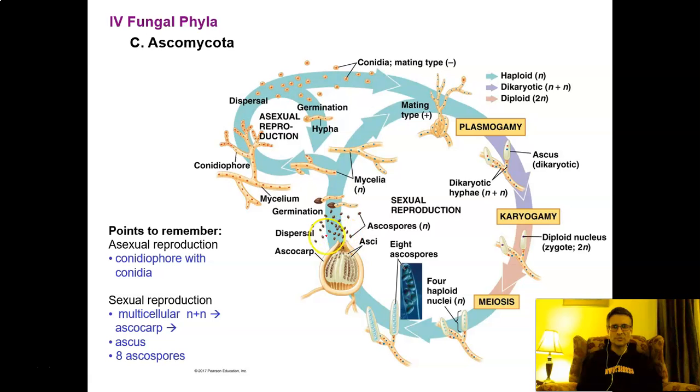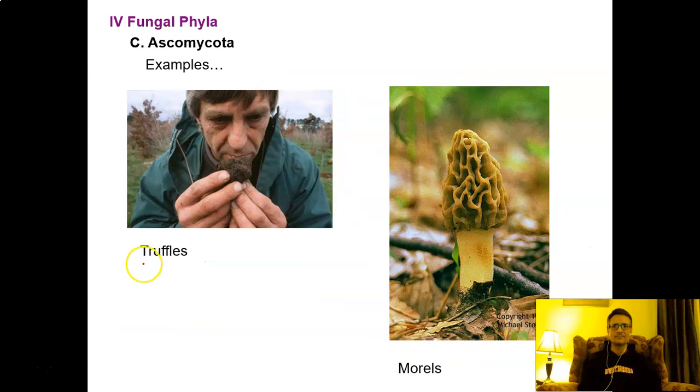So this last picture shows the whole ascocarp together. Here's the outer ascocarp. Here you can see individual asci. Inside each ascus are these 8 ascospores, and the ascospores are being released to start our sexual life cycle over again. The ascomycota are known as the sac fungi because often the ascocarp is sort of a sac-like structure, a sac that's upright.